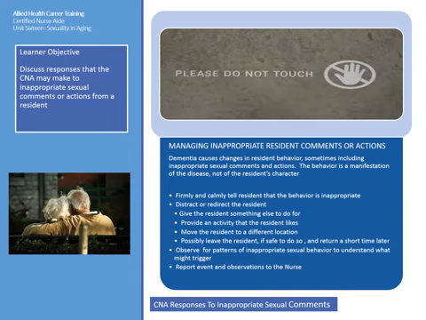So observe for patterns of inappropriate sexual behavior to understand what might trigger it. Sometimes when you are giving a bed bath, what might trigger it is getting the person completely naked, totally exposed. That may trigger those inappropriate sexual behaviors. Yes, you still have to clean the peri area, and you still have to get everything freshened up in that area, but that does not mean that you have to completely expose everything all at one time.